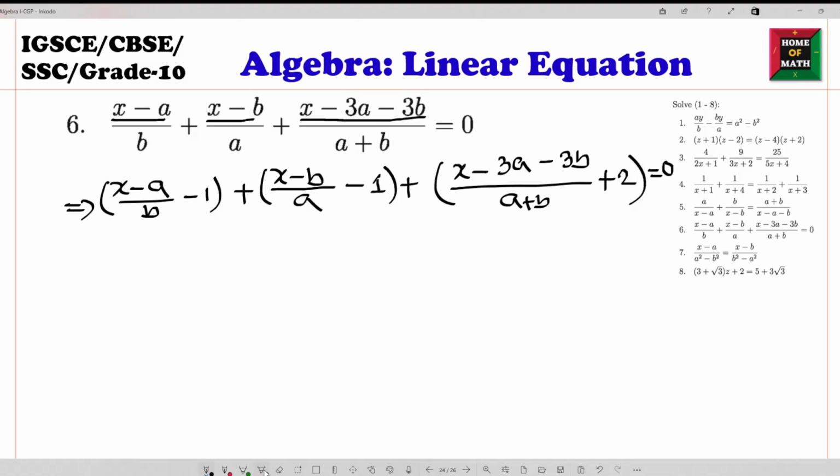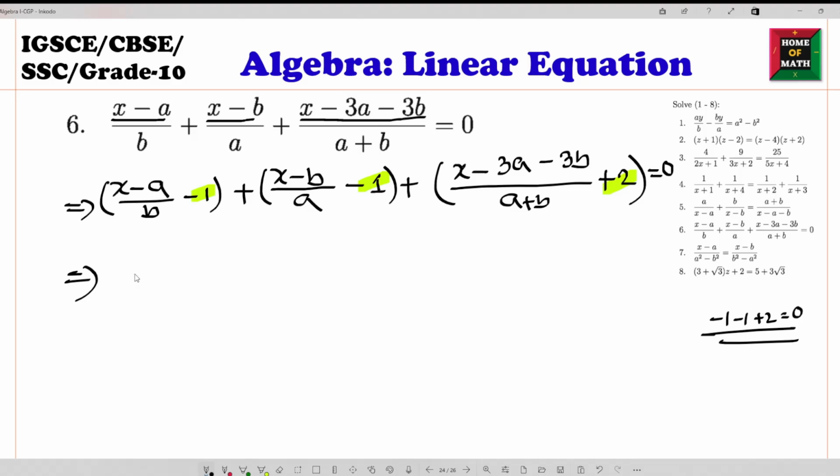Now look, here is minus 1, here is minus 1, it will be minus 2, and here is plus 2. So everything is closed. Okay, how? Minus 1 minus 1 plus 2 will be 0.